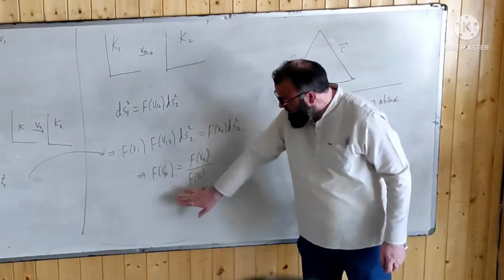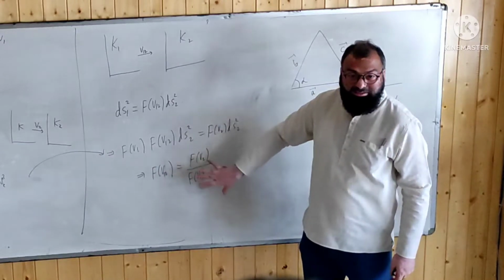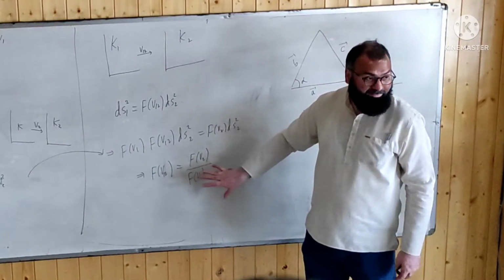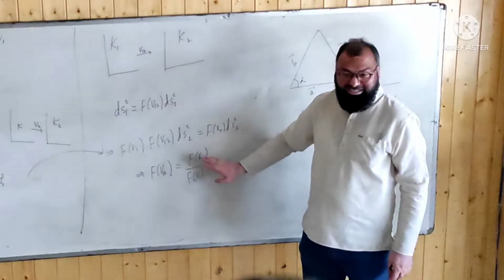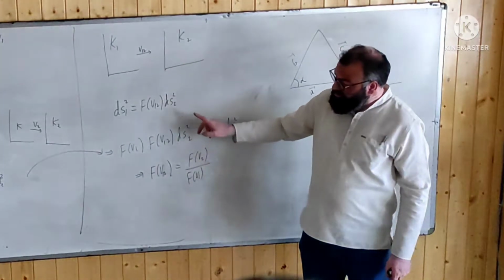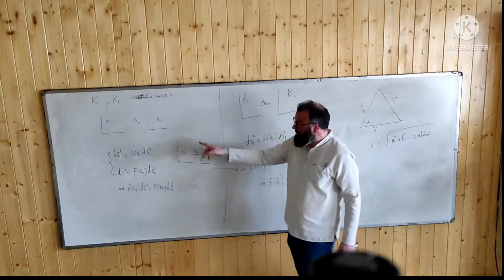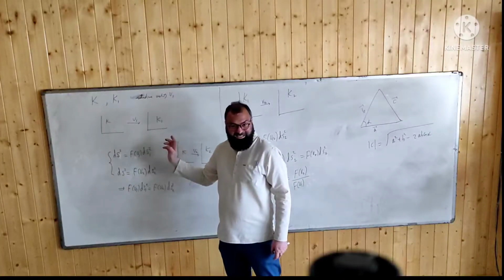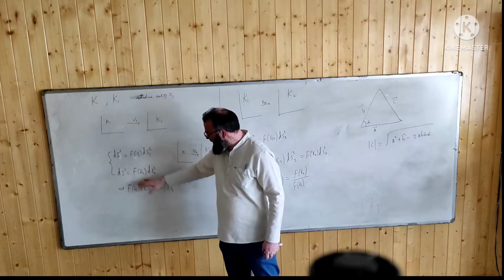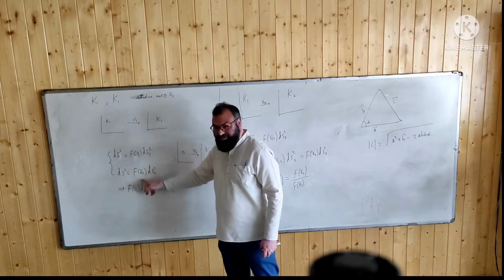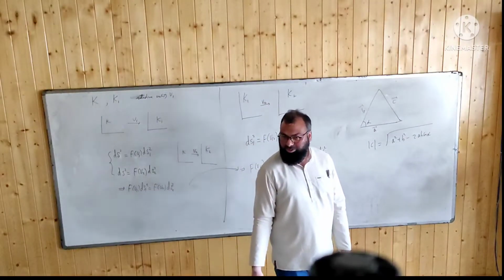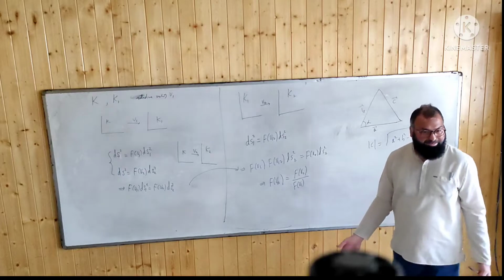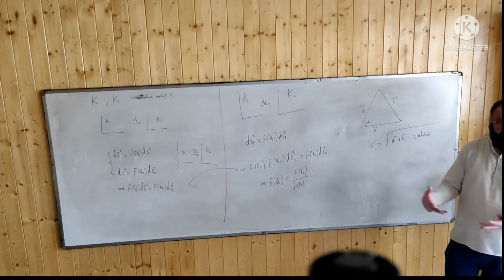So for this equation to be consistent or have a solution, f should be a constant. But this constant should be the same whether you move from one frame to another frame. That means f of v1 should be the same as f of v2, and the same as f of v12, because I am saying it is a constant.